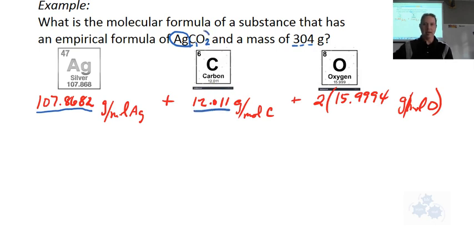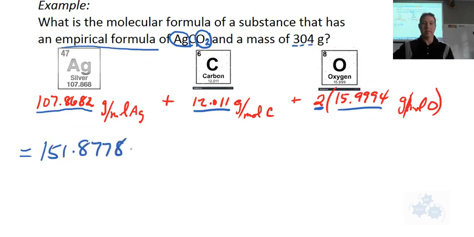And then because in our empirical formula we actually have 2 oxygens here, we would multiply 2 times the mass of oxygen, which is 15.9994. And so if we add those up, that should give us an empirical formula mass of 151.8778 grams per mole of this compound AgCO2. That's what this weighs.